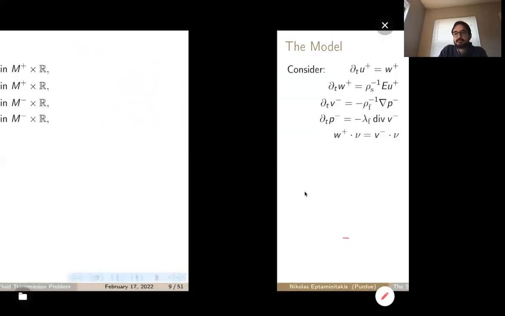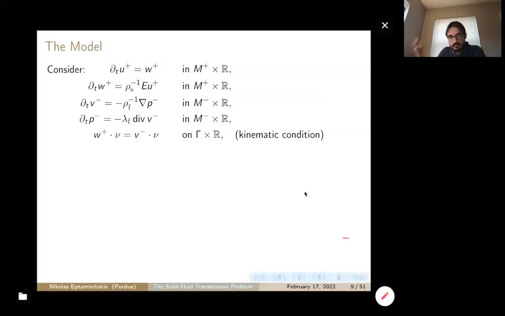Then we need some transmission conditions, which is where the transmission problem takes its name from. The first condition is a kinematic condition, which says that the normal component of the velocities has to be continuous. So we don't have one of the bodies somehow getting inserted inside the other, but we are allowing tangential slipping, so the two layers can slip against each other. That's fine.